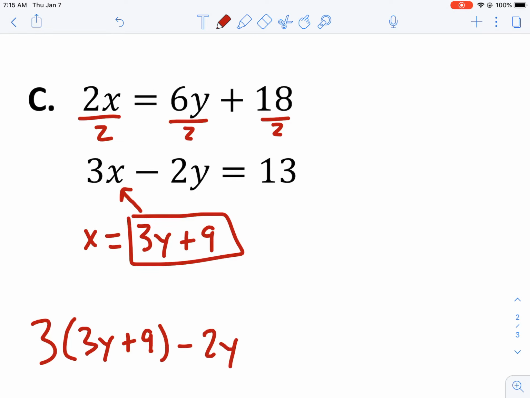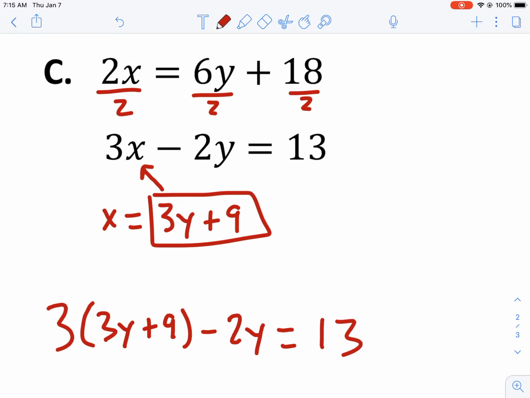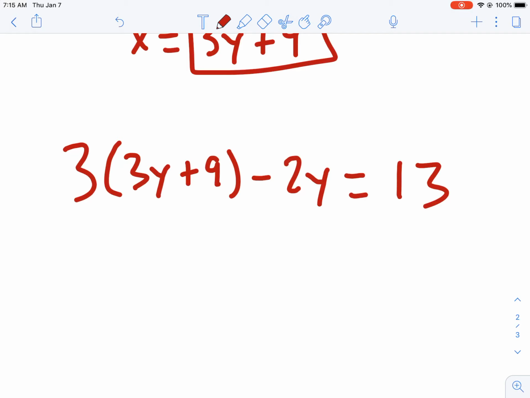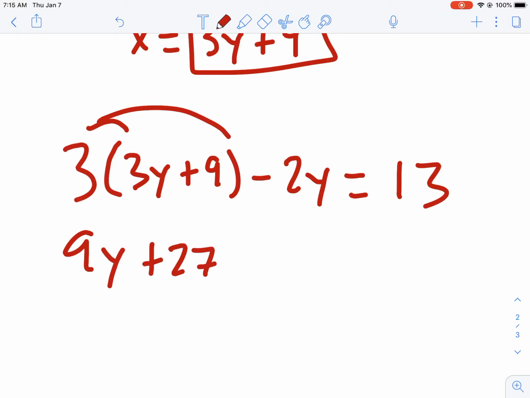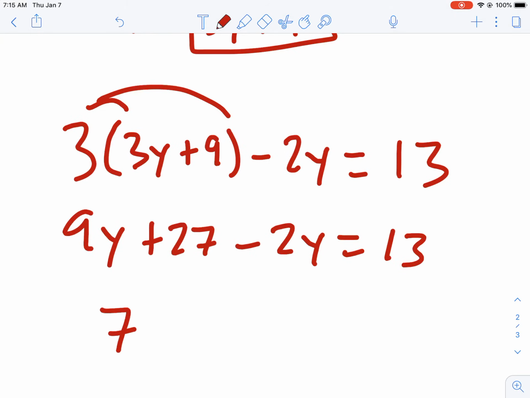minus 2y equals 13. And again, look, the equation we're solving here is really similar every time. Distribute: 9y plus 27. Combine like terms, 9y minus 2y, that's 7y.